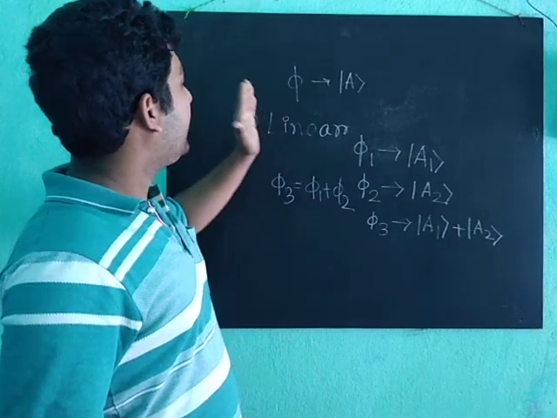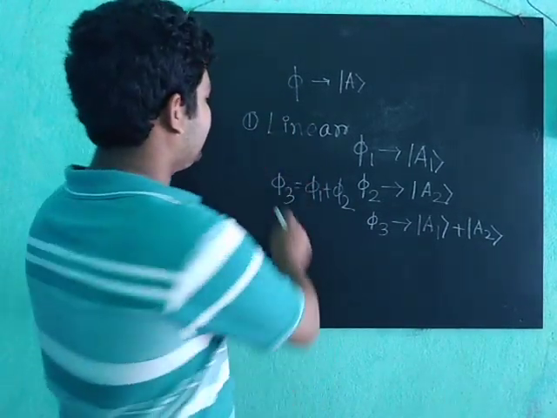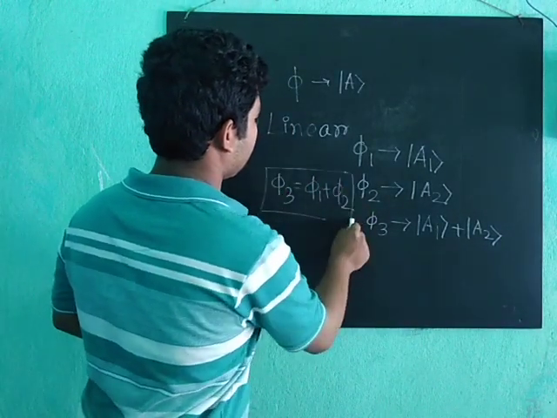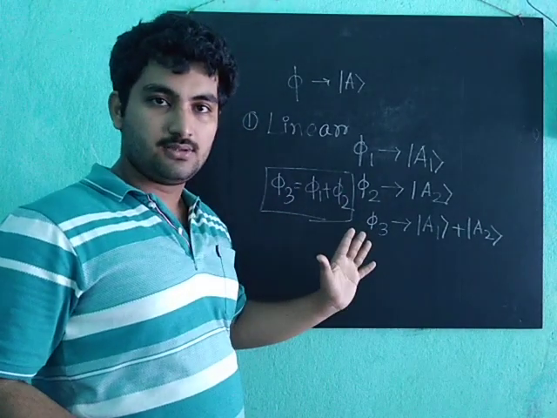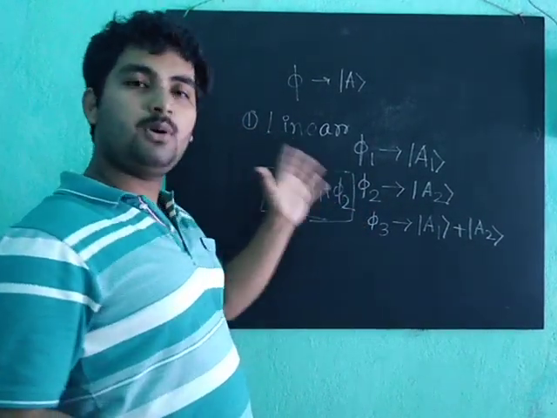So as phi is linear, this equation holds. This is the first property.